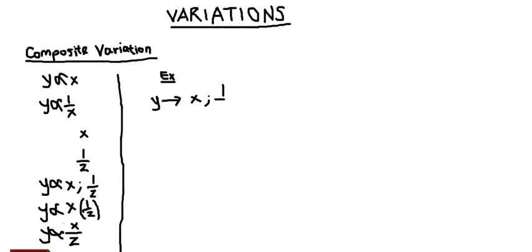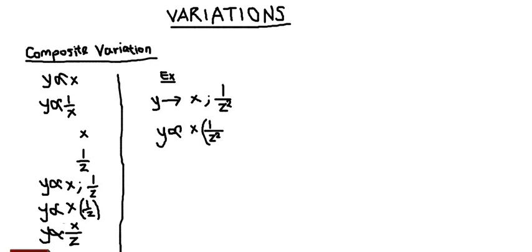Inversely means the reciprocal, so inversely as the square of z means z squared. So this is the situation of our combined variation, which means our notation will be y varies directly as x, and we are going to multiply inversely as the square of z.